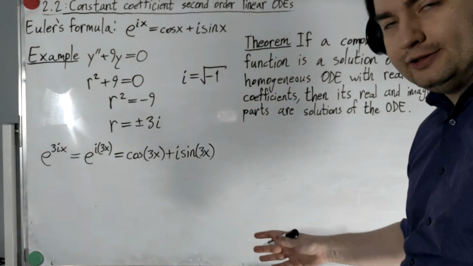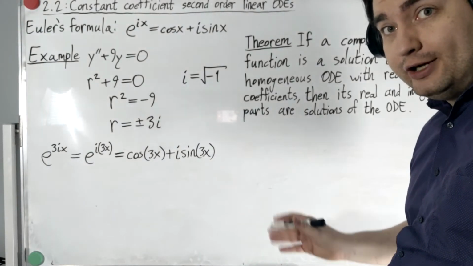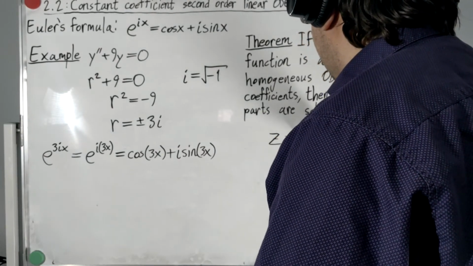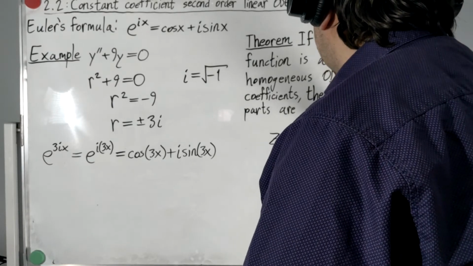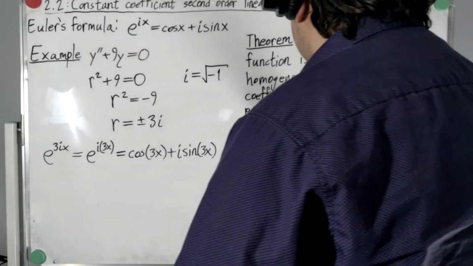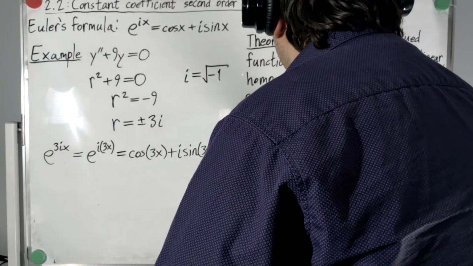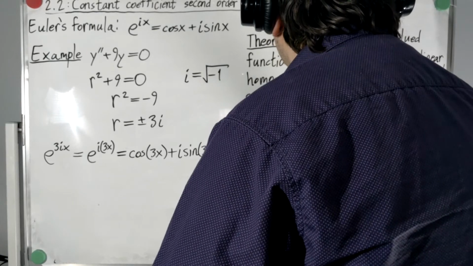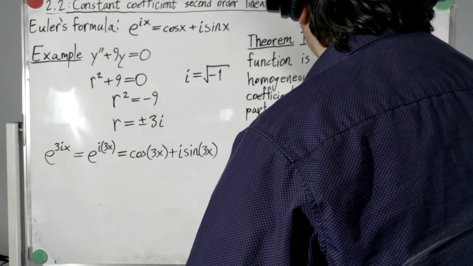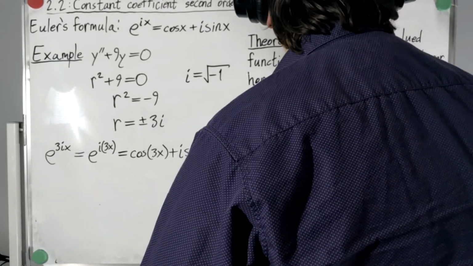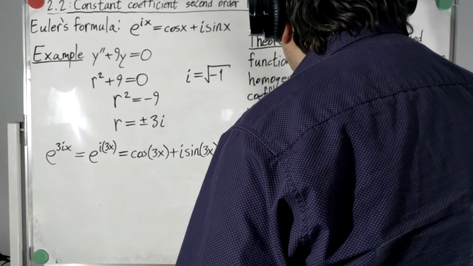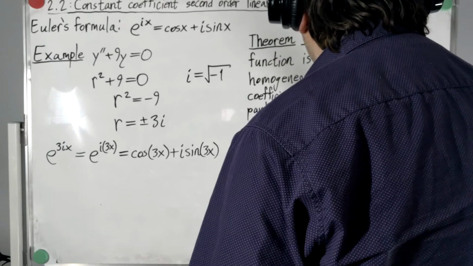Now, first of all, let's just recall what we mean by real and imaginary part. Every complex number can be written as a plus bi, or a plus ib. Real part refers to this real number right here, a. Imaginary part refers to this other real number right here, b.